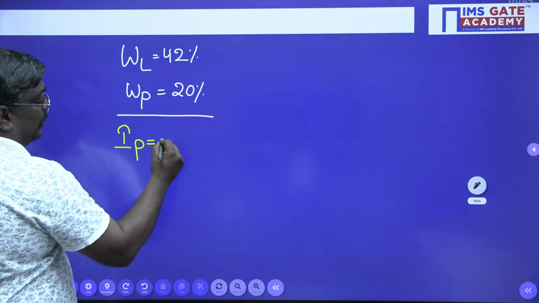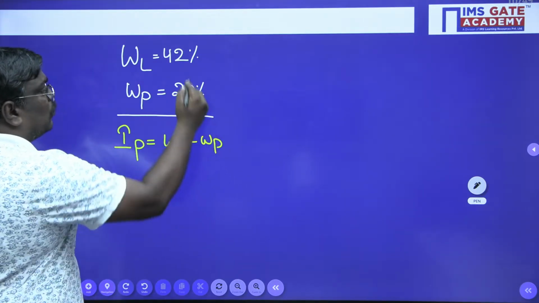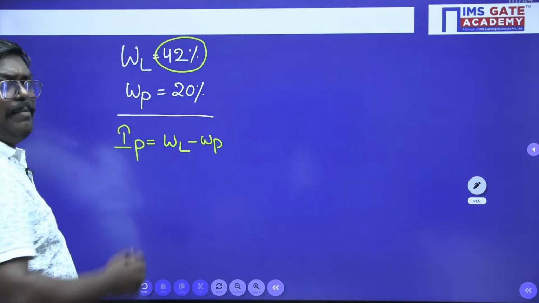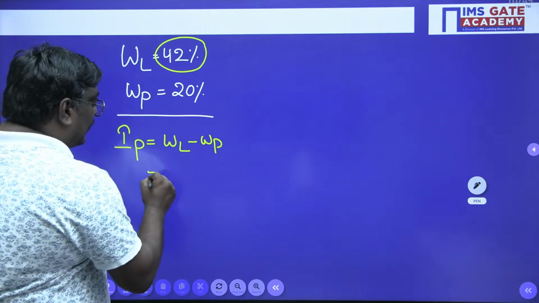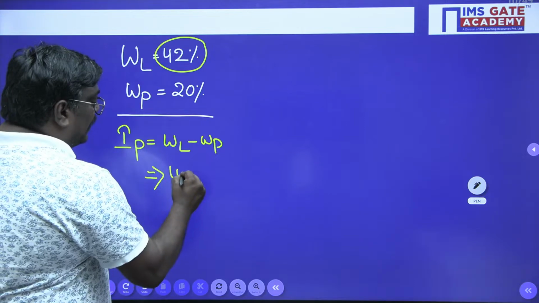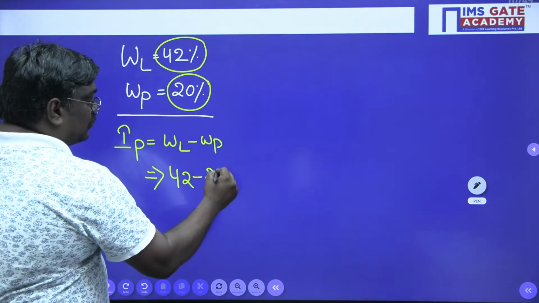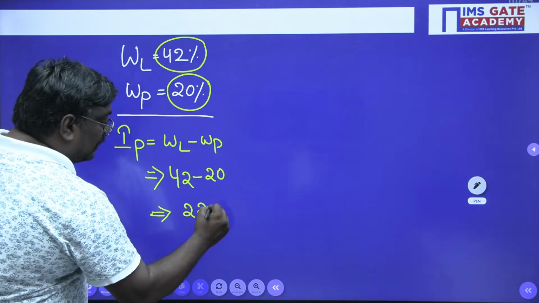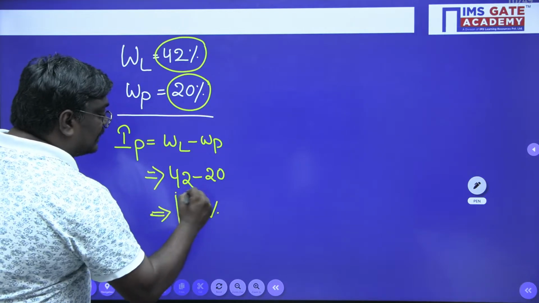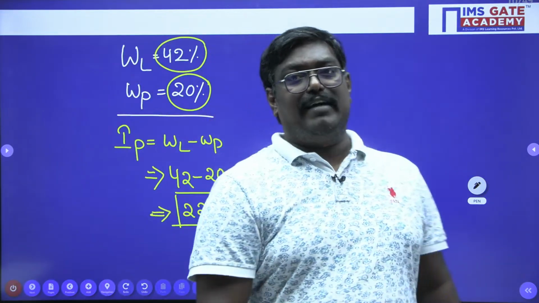IP is equal to liquid limit minus plastic limit. The liquid limit given in the problem is 42. So 42 minus 20 will give you 22 percent. So the plasticity index value is 22. Very good.